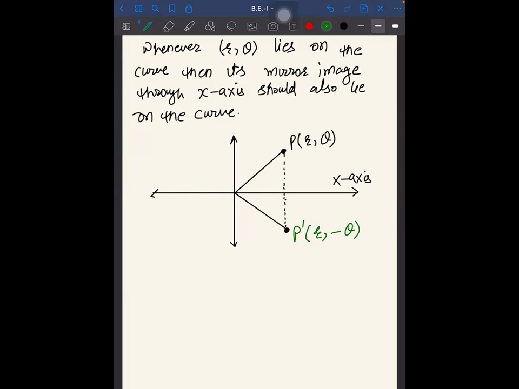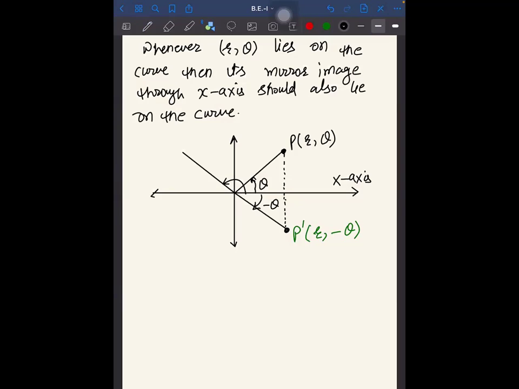If you think carefully, this is your theta, right? And this is your minus theta. Now, if I make a line in this direction, then this angle will be what? Can anybody tell me?